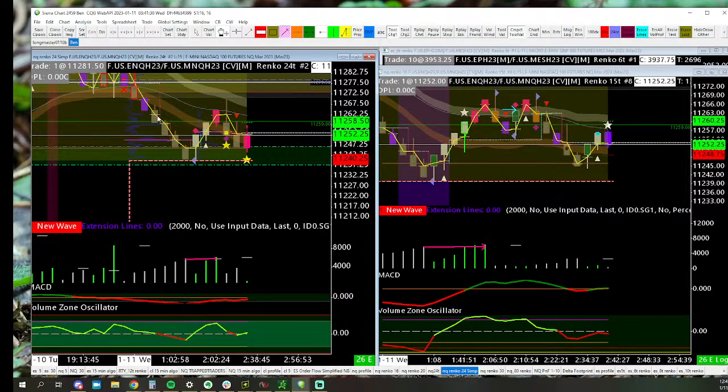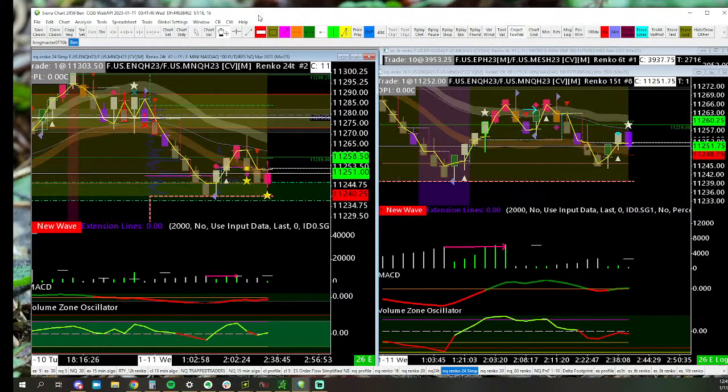If those points of control are near each other, so these pink lines, if they're close by, then all you really need to do to get the market to retrace this, not necessarily to flip the trend, but to retrace this move, is get bullish volume above both of these lines.